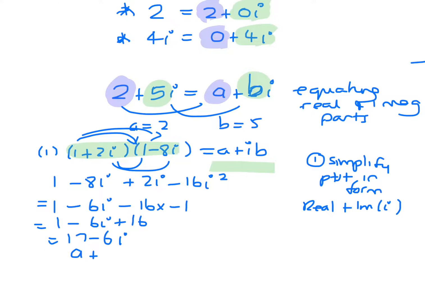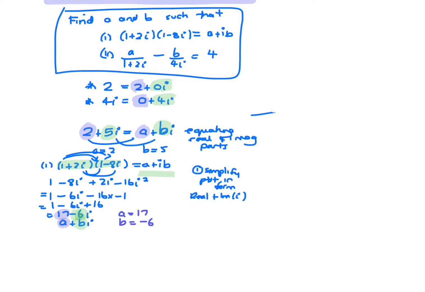So if this is the same as a plus bi, then basically the real part will be equal, so a will be 17, and the imaginary part will be equal, so b will be minus 6.